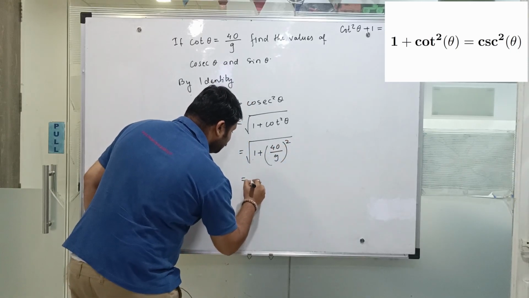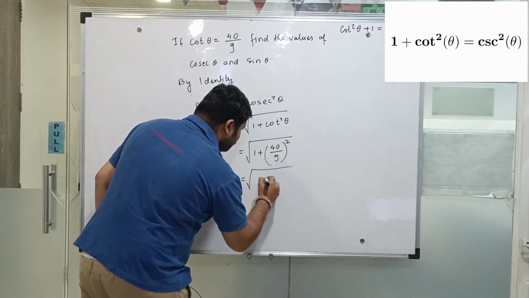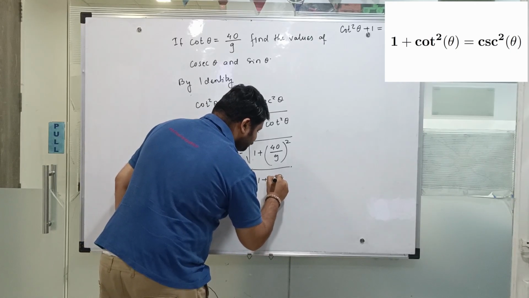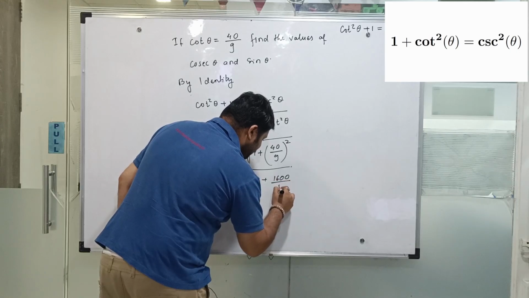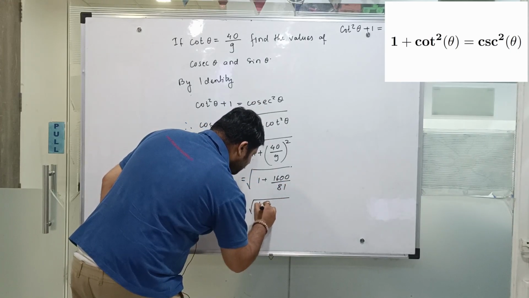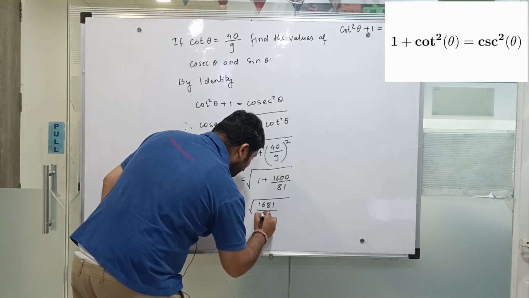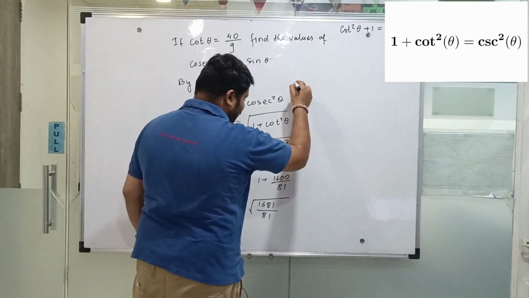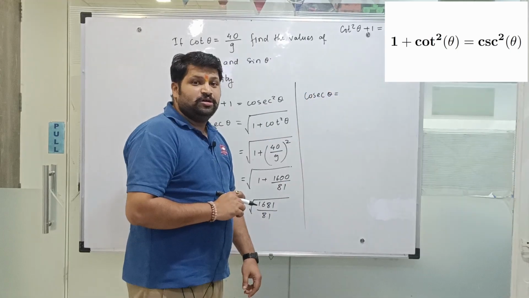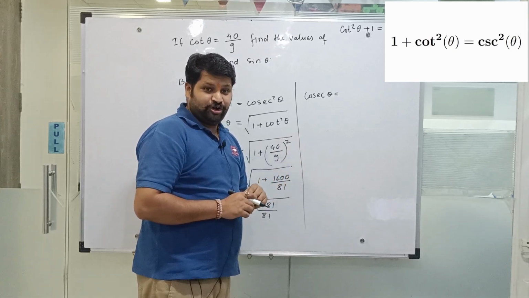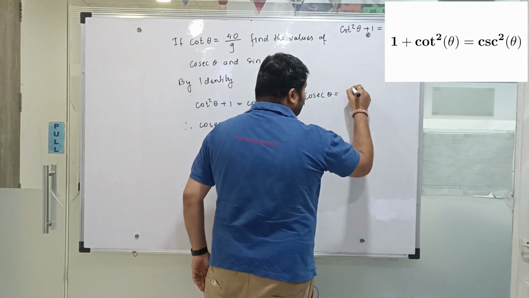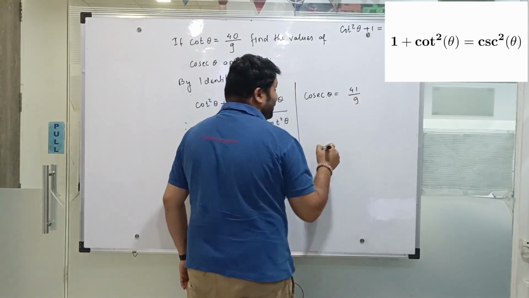So that would be root of 1 plus 1600 upon 81. So that is root of 1681 upon 81. So my final answer, my cosec theta, will be equal to the root of 1681 is 41 and the root of 81 is 9. So I can write this as 41 upon 9.